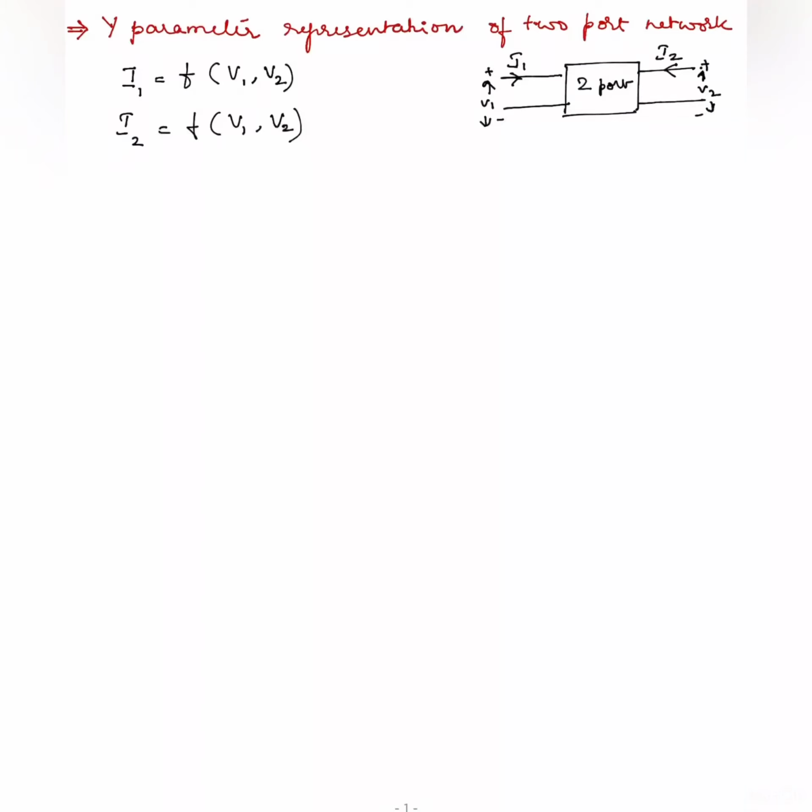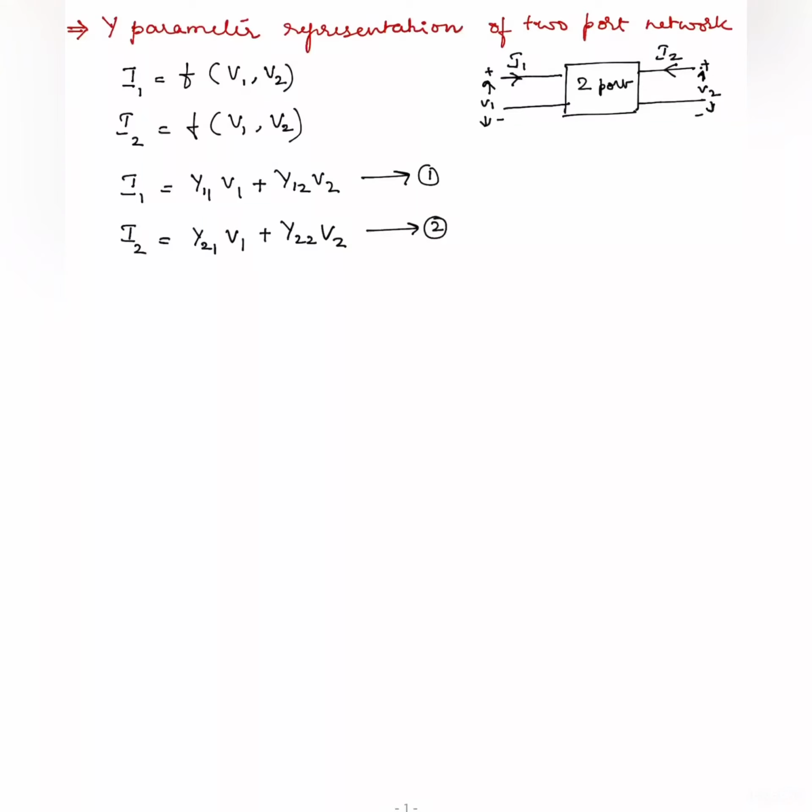So I1 would be equal to y11 V1 plus y12 V2. And I2 is y21 V1 plus y22 V2. These are the governing equations of Y parameters.